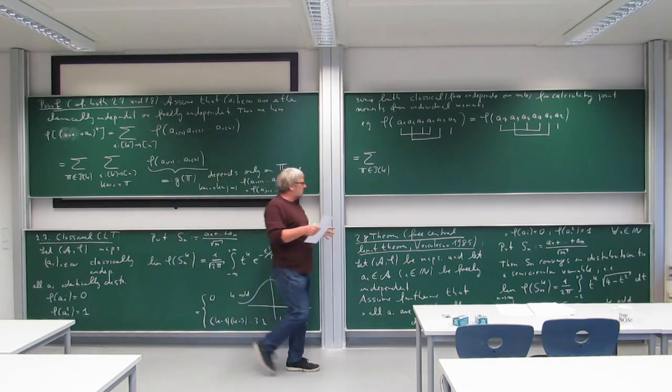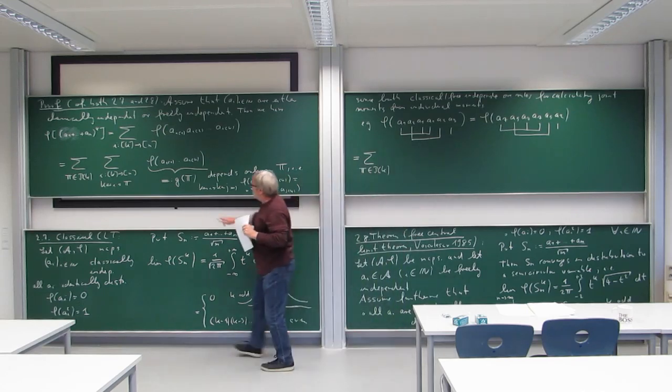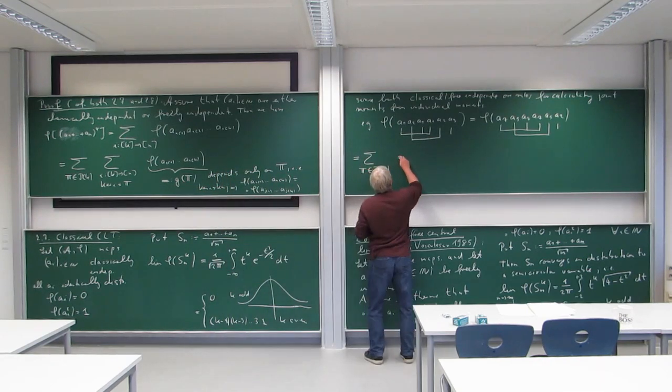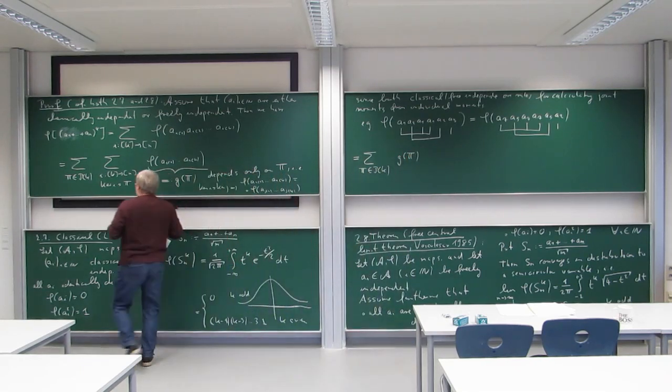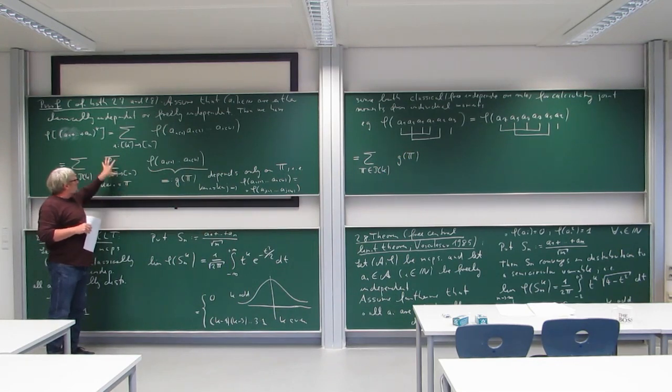I'm looking at a product of k elements, and the partitions tell me whether indices are the same and whether they are different. Then for each pi, for all multi-indices corresponding to pi, I get the same contribution, g of pi. Then of course I get this contribution for each multi-index which has pi as its kernel. So I have to multiply now this number g of pi with the number of possibilities of multi-indices.